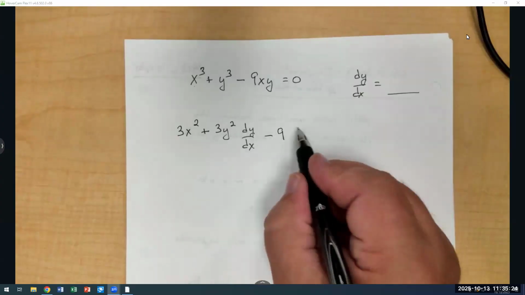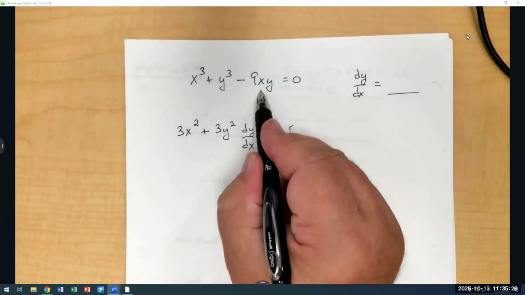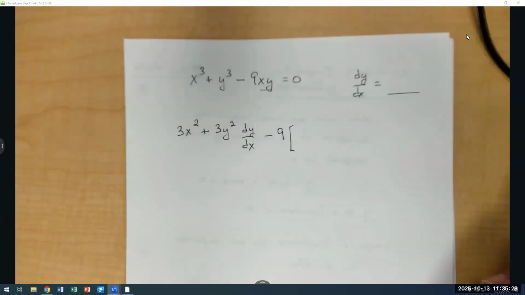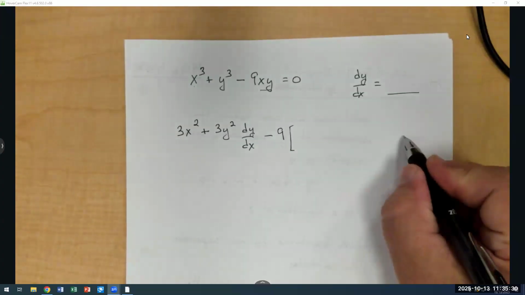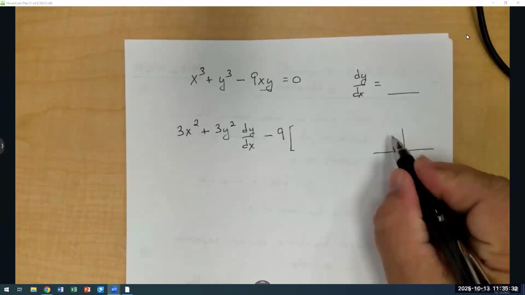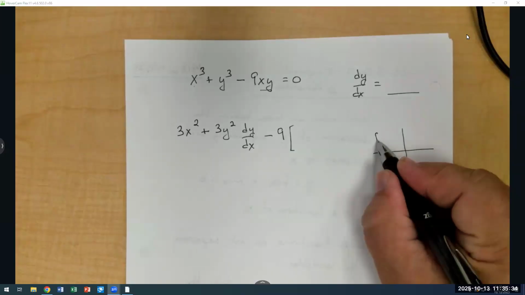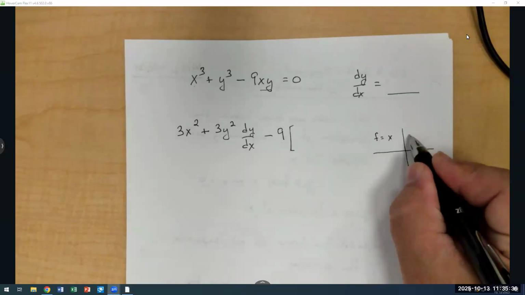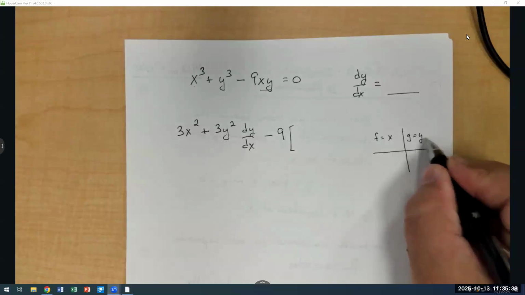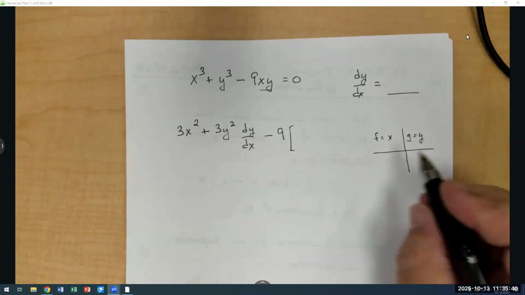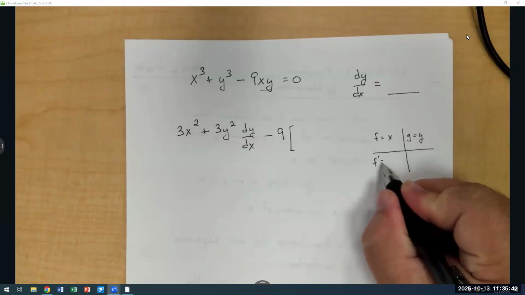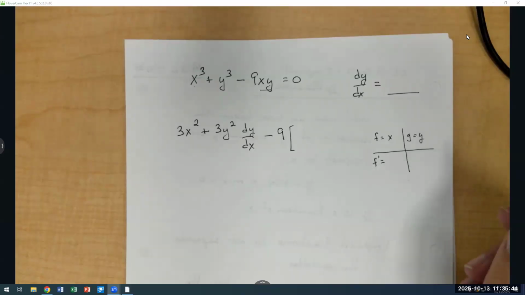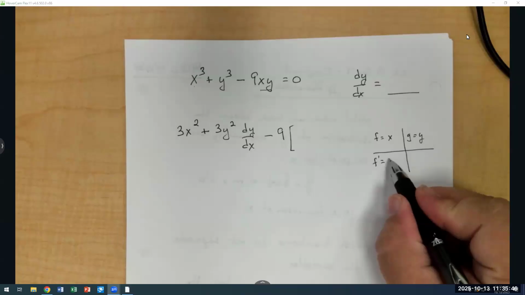Minus 9. Now we have a product rule here. So the derivative of x is what? 1.